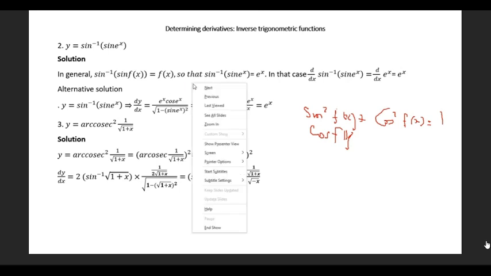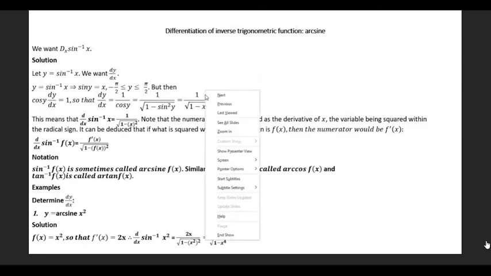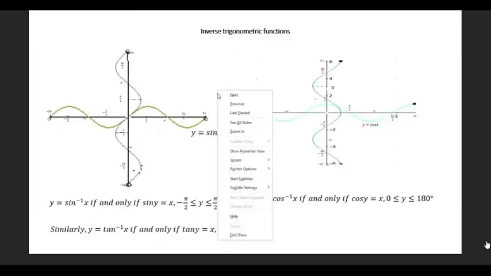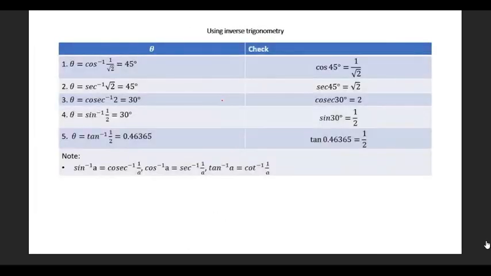What I'm trying to say is, if you look at the previous example, if we are talking about, let's say, arc cosecant of 2, it is the same as arc sine of 1 over 2.